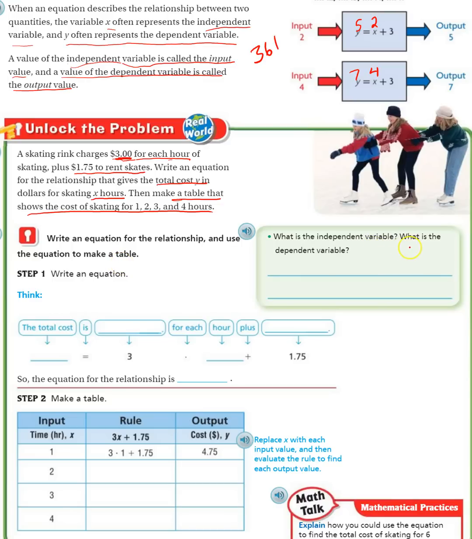What is the independent variable? What is the dependent variable? So y, or the total cost, is the dependent variable because the total cost depends on how many hours you skate for.